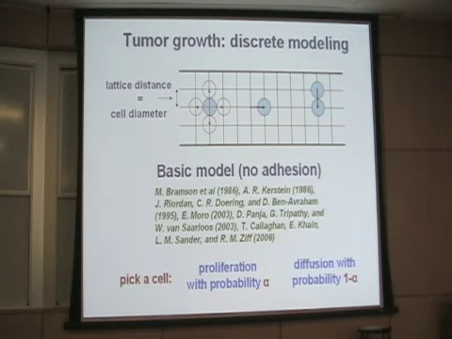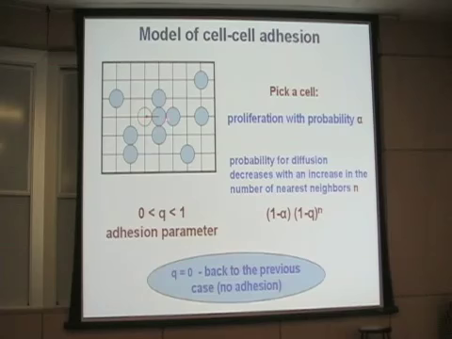Now, this doesn't take into account cell-cell adhesion. In order to take it into account, note that this cell, which has many neighbors, finds it rather hard to migrate away because it needs to break bonds, compared to this cell that can move freely.